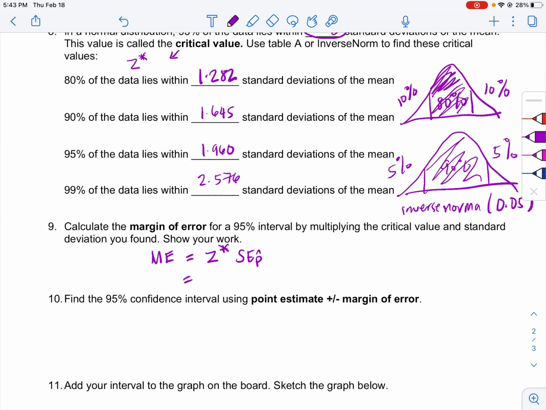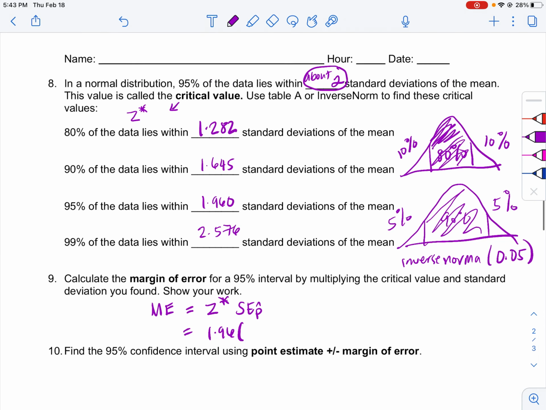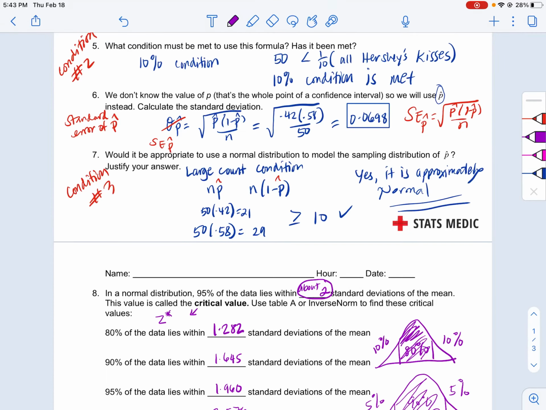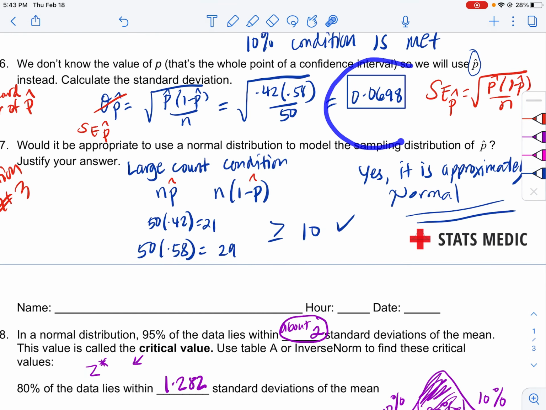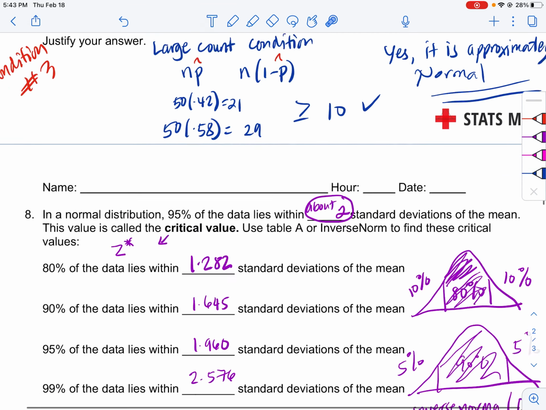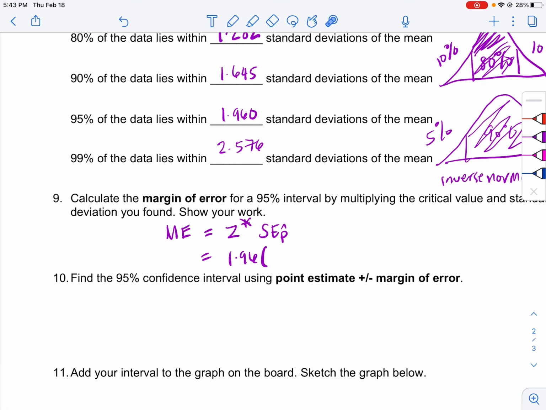So my Z for 95% is 1.96. Multiply that with my standard deviation. Let me go up a little bit. I got right over here 0.0698. So I'm going to multiply that 0.0698. I will get 0.137. And this is what you call your margin of error.